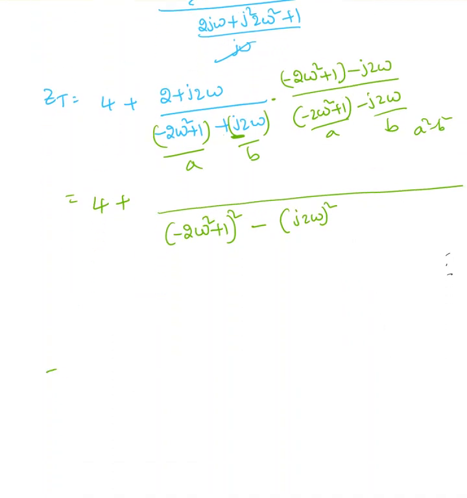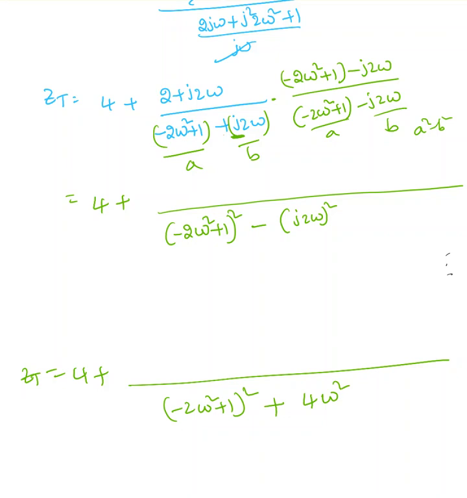So Z total equal to 4 plus, over minus 2 omega square plus 1 whole square plus 4 omega square. Okay, I'm not going to expand this. I'm not worrying about this calculation at this point. If needed, I might need to expand it later on. My goal is to find the imaginary part and separate it.